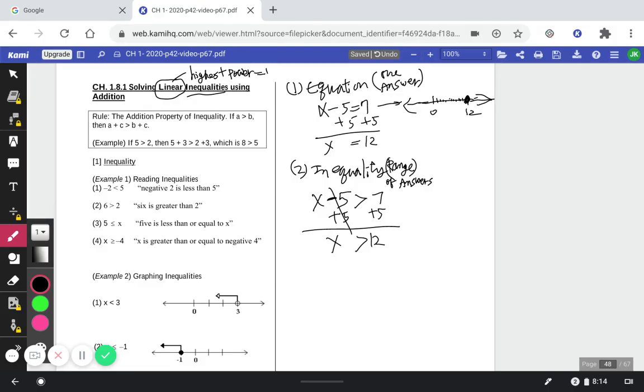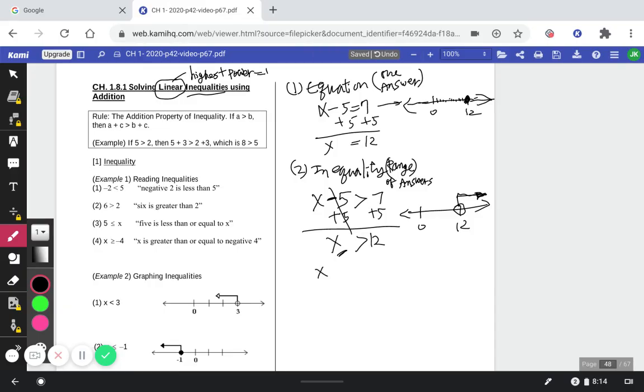This sign represents bigger than, so you read it as x is bigger than 12. On the number line, here is 0, and here is 12 again. Then you make an open circle and show the direction. Any value bigger than 12 satisfies this inequality.